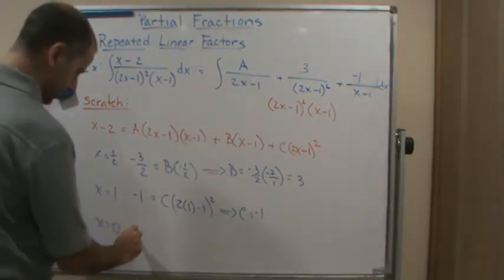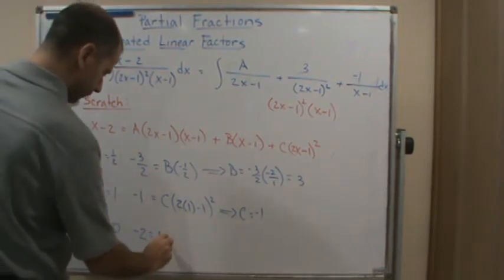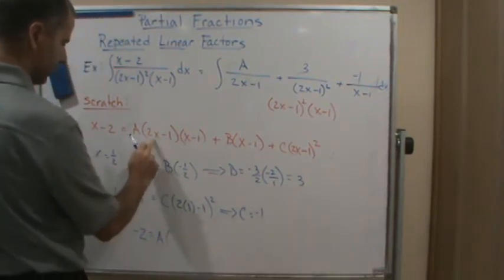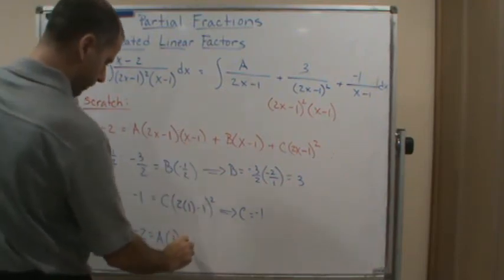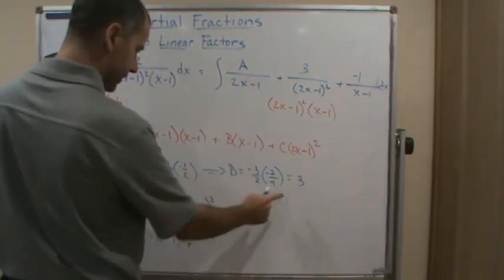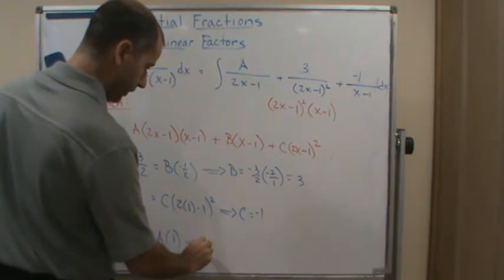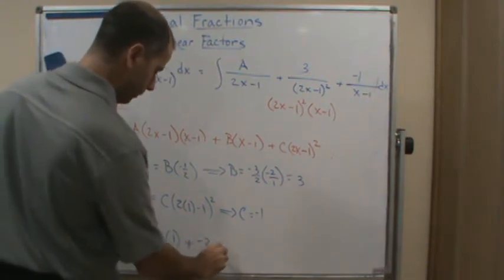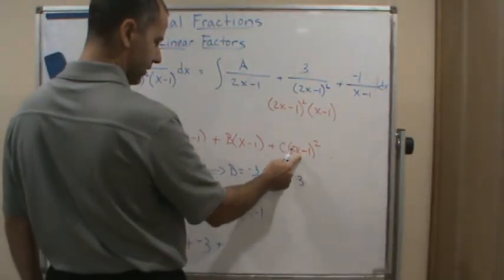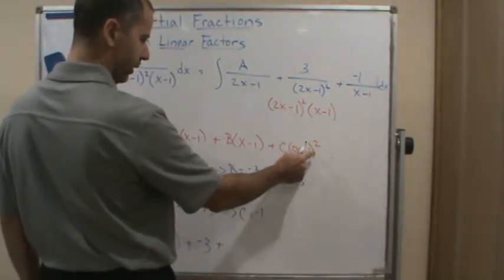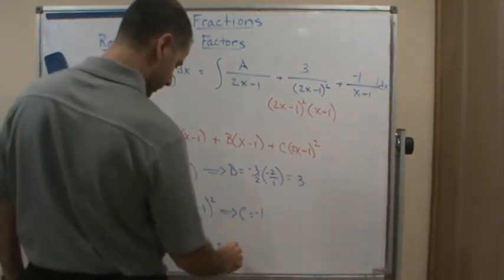So, this gives us -2 is equal to a times, well, this is going to give us -1 times -1, which is 1, plus b is 3 times -1, so that's going to be -3, plus c is -1, but 0 for x gives us a -1 here, which is 1, so that gives us -1.